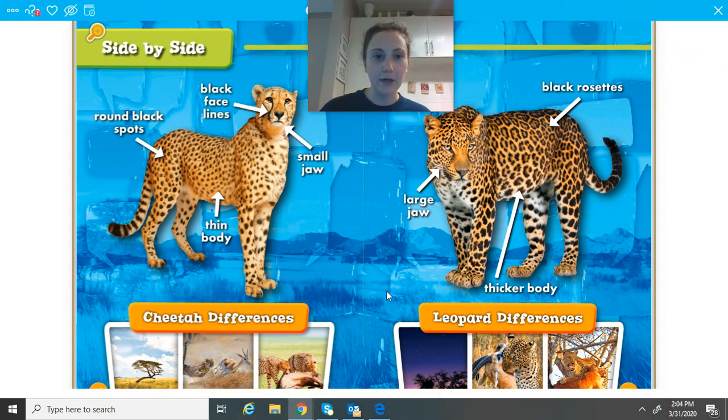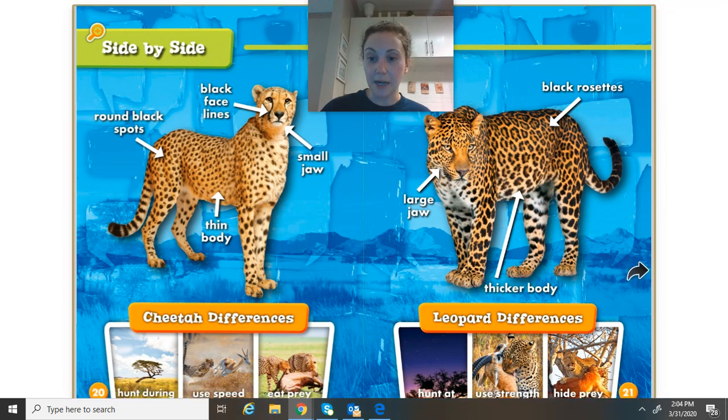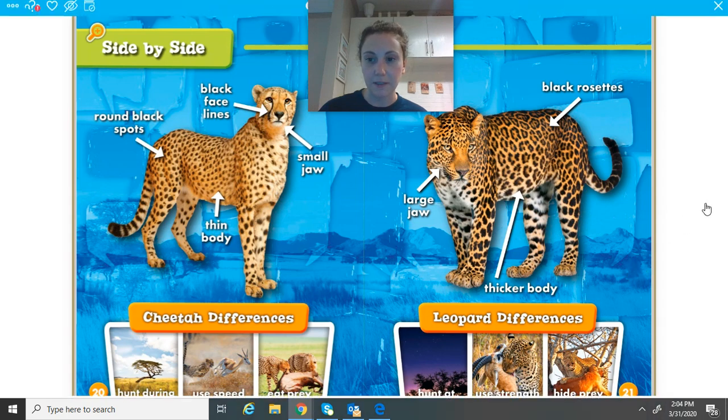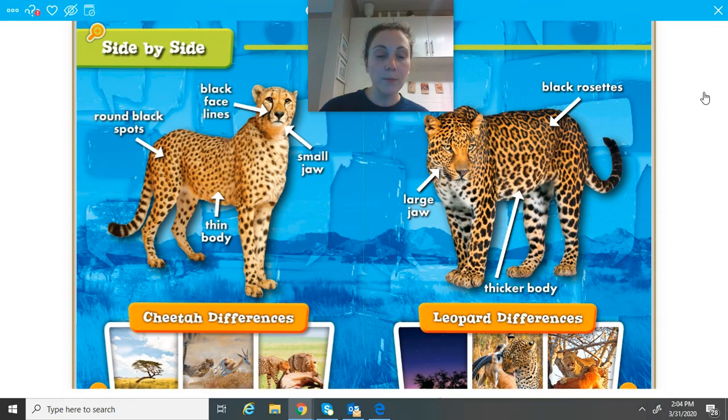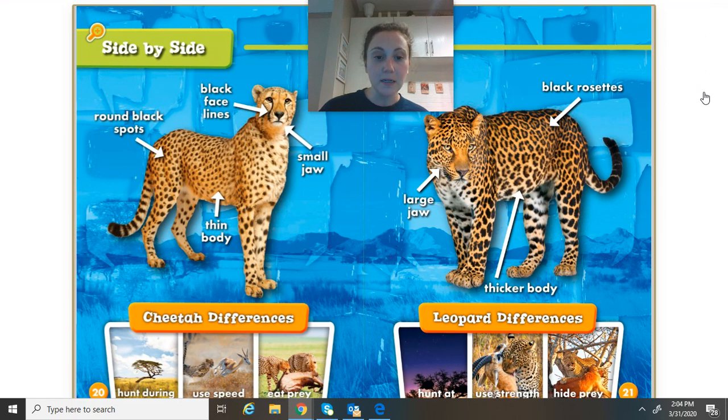So we have two diagrams of a cheetah and a leopard, and these diagrams have different labeled parts that can really help us to spot the similarities and differences here. So remember, when we're thinking about their bodies, cheetahs have the smaller, thinner bodies, whereas leopards are thicker and wider. Cheetahs have the smaller, more narrow jaws, whereas leopards are larger.